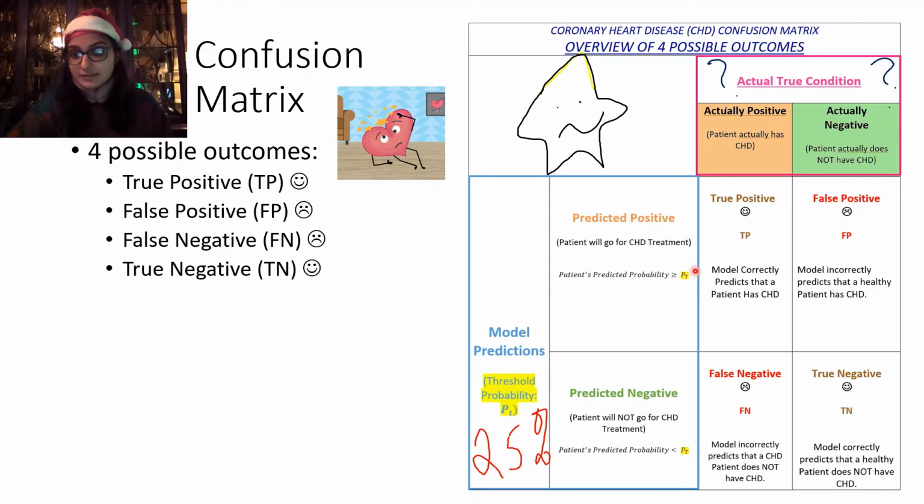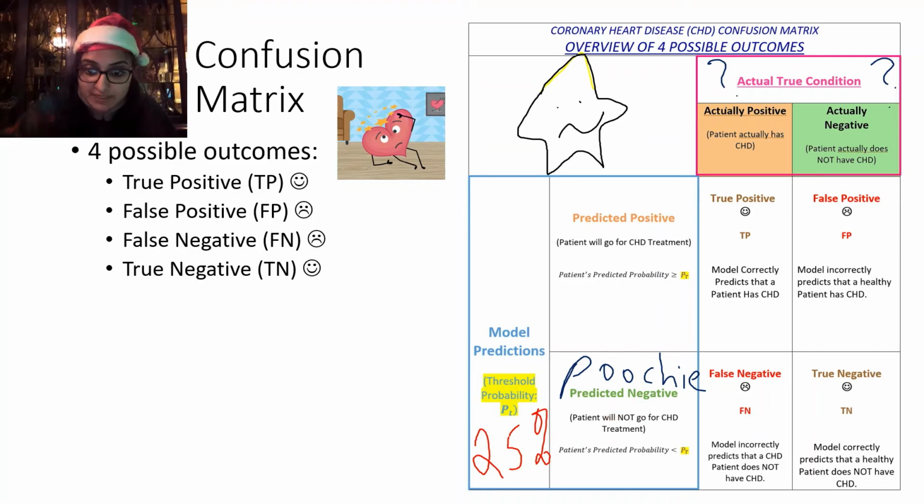But our predictive model makes predictions. It either predicts you're positive or predicts you're negative. Based on the probability threshold of 25%, Pucci had a predicted probability of 16%, which was less than 25. So Pucci was predicted as being negative, right here in this group, and the patient will not go for CHD treatment.